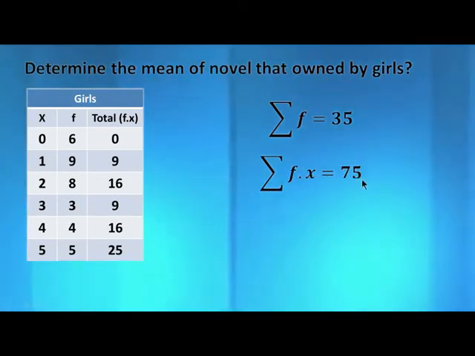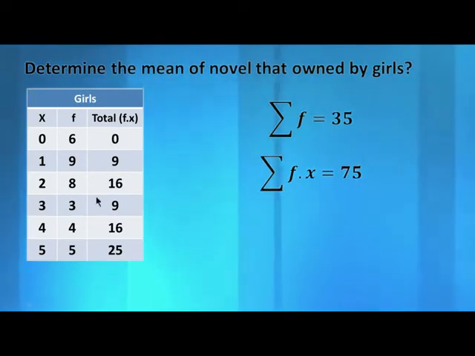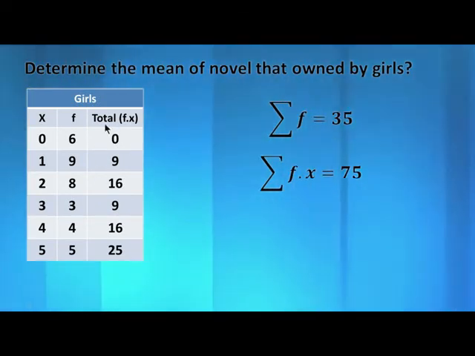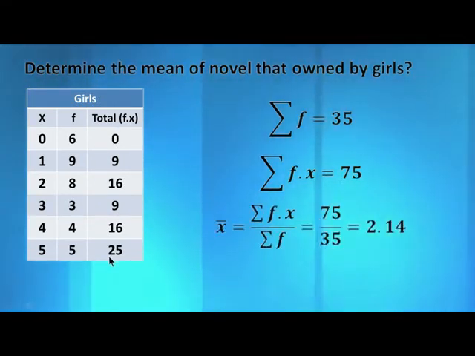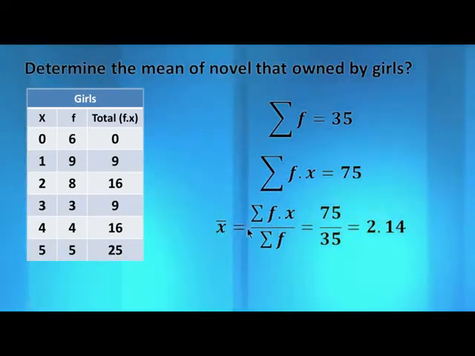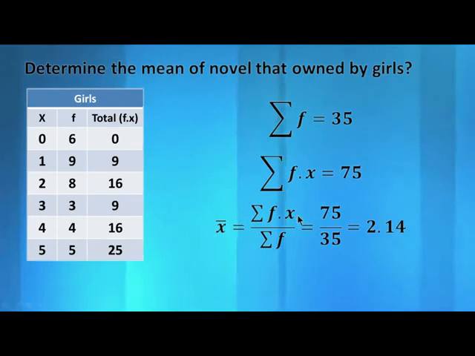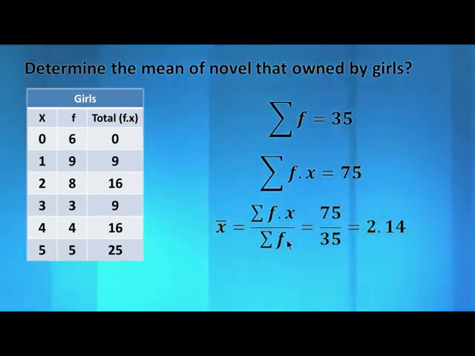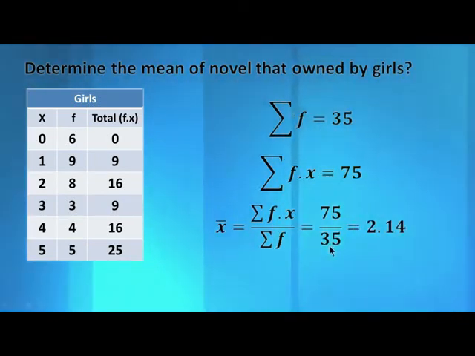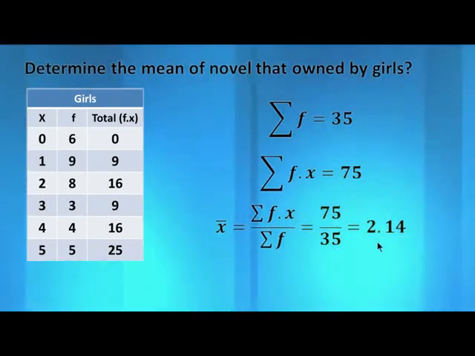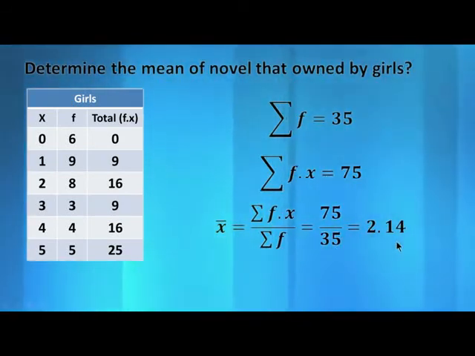You find 75 from adding these all numbers together here, and then the X bar, or the mean, equal to sigma of F dot X per sigma of F, equal to 75 per 35 equal to 2.14. This is the mean, or the average, of novel that owned by girls.